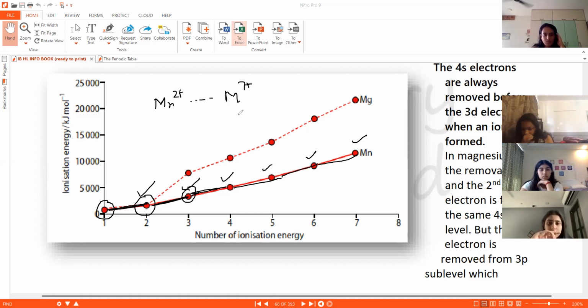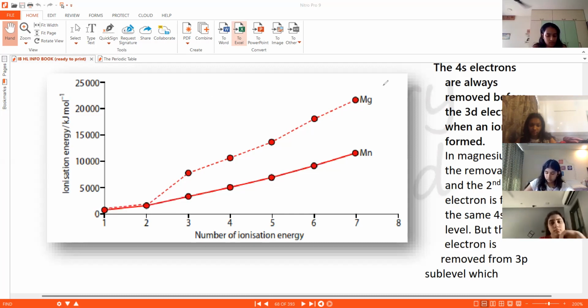That's because the successive ionization energies in manganese have a small difference. But in magnesium, after the first and the second, the third is a large increase.